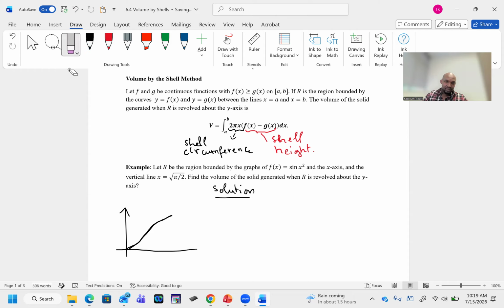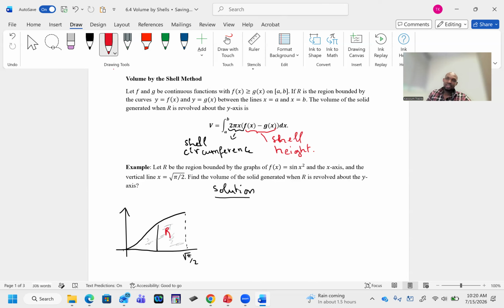Don't mind my graph being like this curve. Okay. All right. So let's say this is square root of pi over 2. This is the region R, right? R is here.